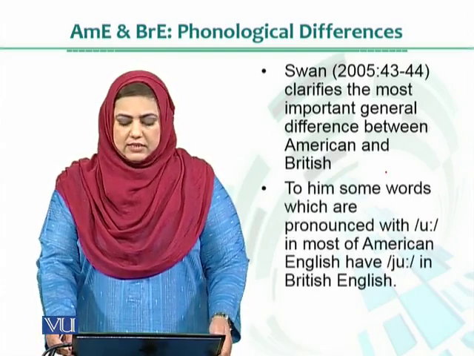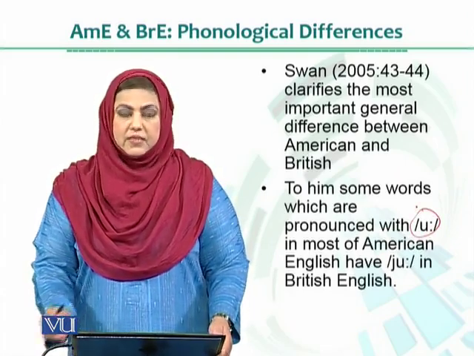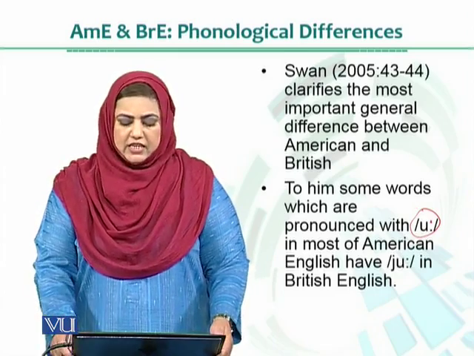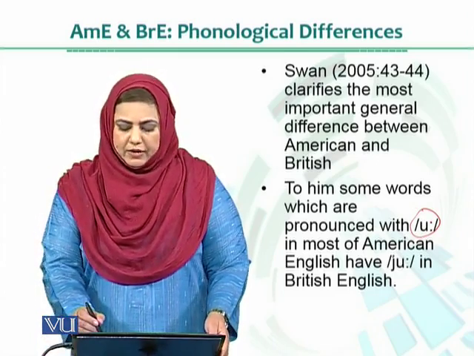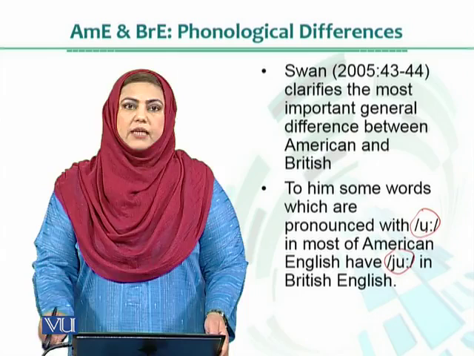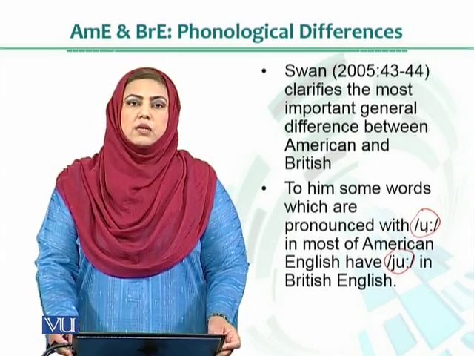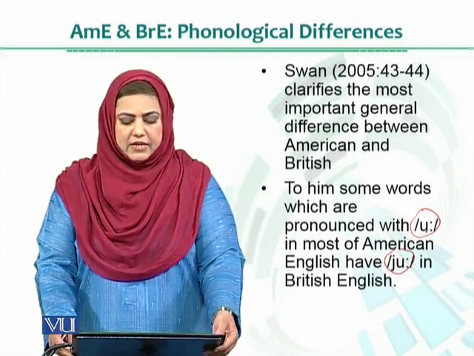To him, certain words which are pronounced with oo, represented with the sign of U and two dots, in most of American English, you would find as U in British English. So Americans pronounce it as oo, British would pronounce it as you. I would show you some examples of that here.